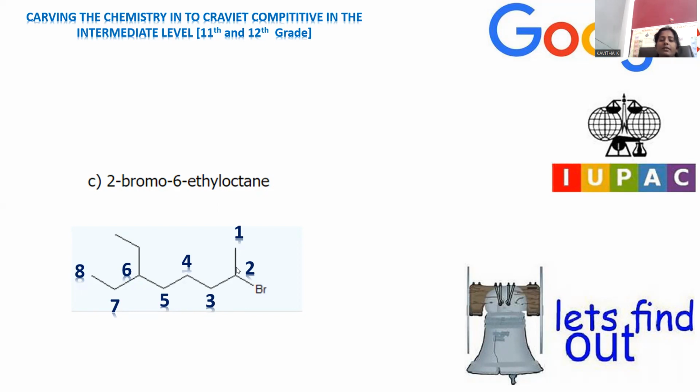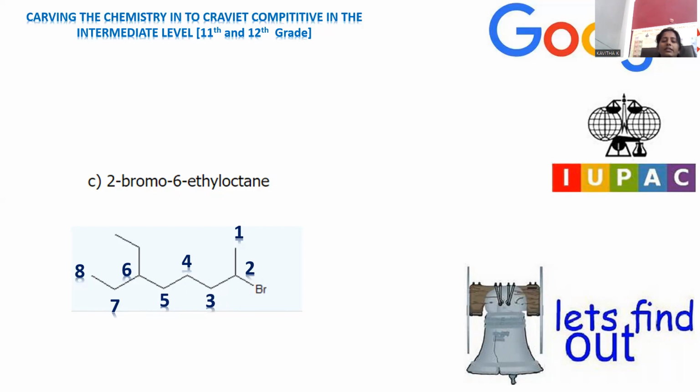So carbon number 1, and the second carbon is accompanied with the bromo. Third, fourth, fifth, and on the sixth carbon you can find ethyl. Seventh and eighth. This is the way you have to give the numbering, so that it will be an 8 carbon length chain, with bromo on the second and ethyl on the sixth carbon atoms. This will be the representation.